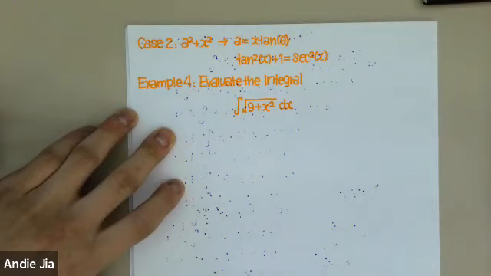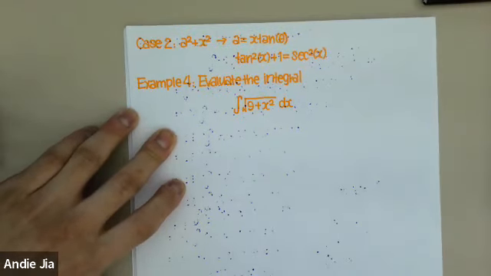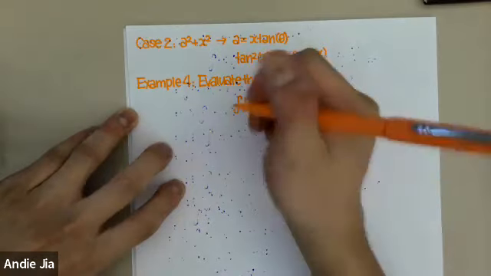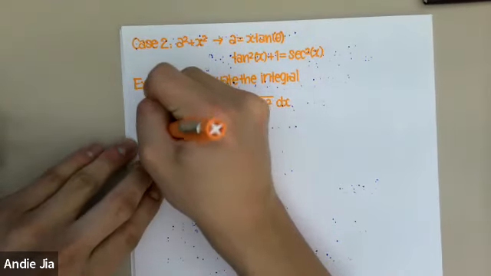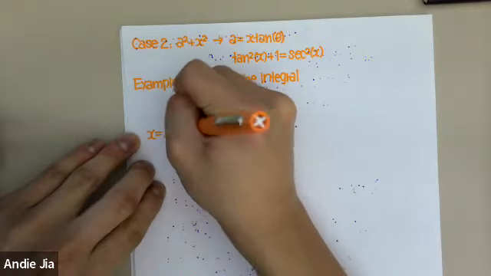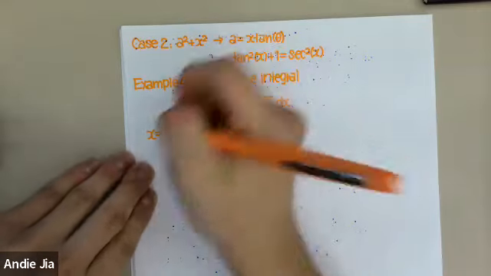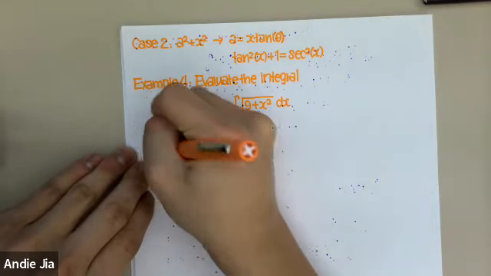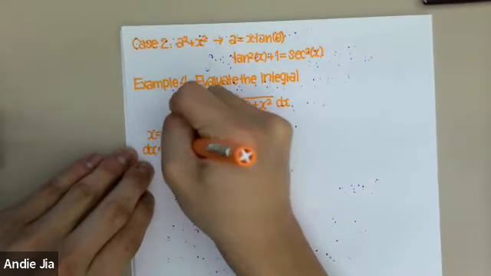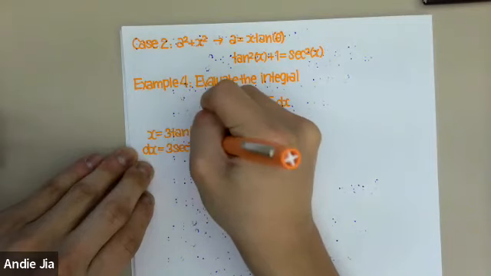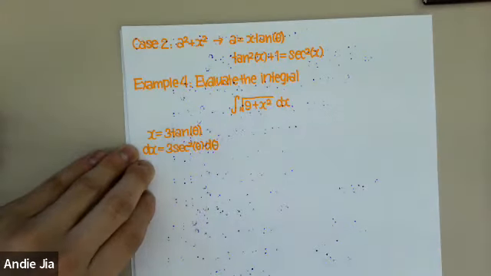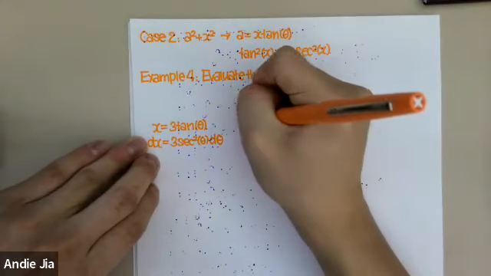Well, in this case, you're going to do u sub. No, not u sub. Don't ever attempt to do u sub before doing trig sub. So in this case, you're going to do x equal to 3 tangent of theta. dx is 3 secant squared of theta d theta, and then we rewrite this integral.